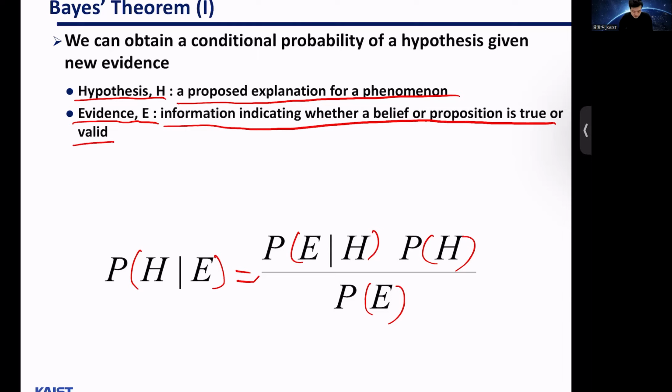So E is evidence, something that has happened or that is for sure. And then what is the probability that you see the hypothesis, okay? So we are interested in this probability, okay?